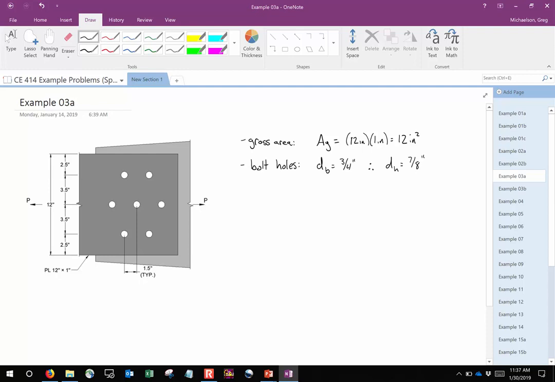Now, one of the things I'm going to go ahead and do right now is compute a stagger factor. Now remember, the formula for a stagger factor is S squared T over 4G.